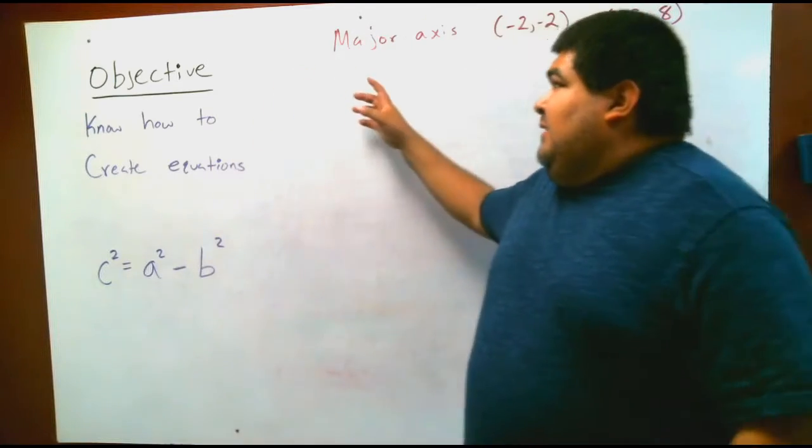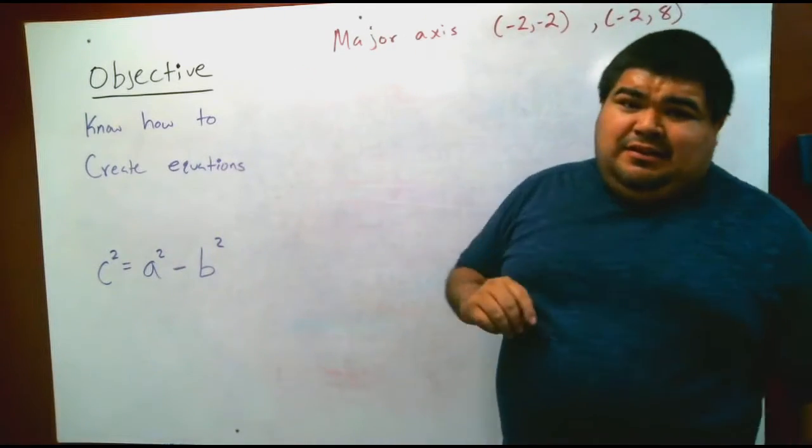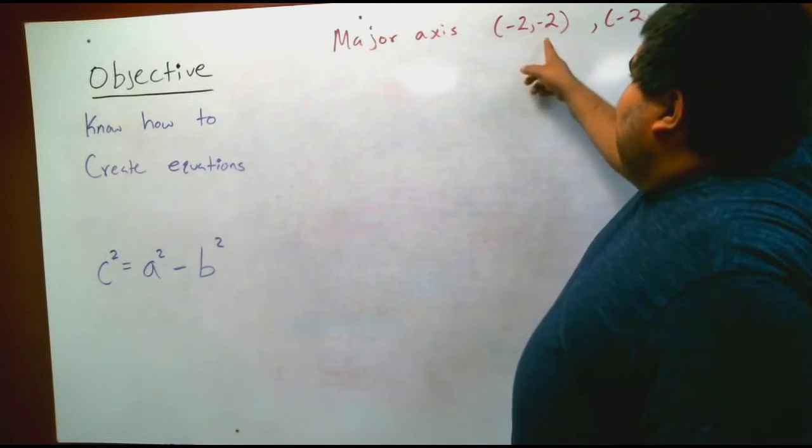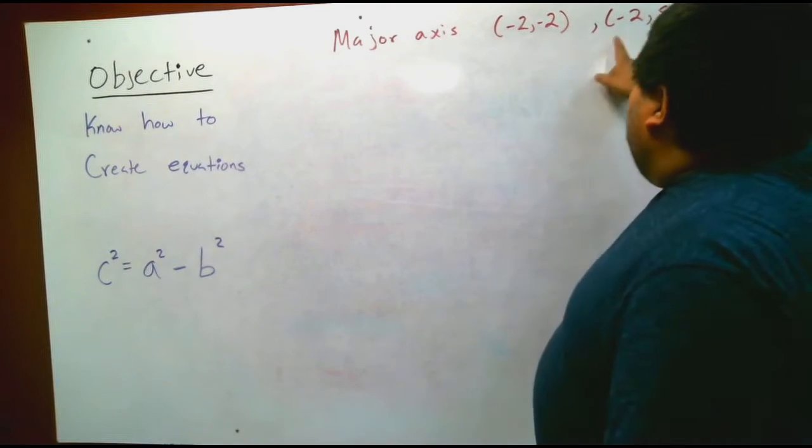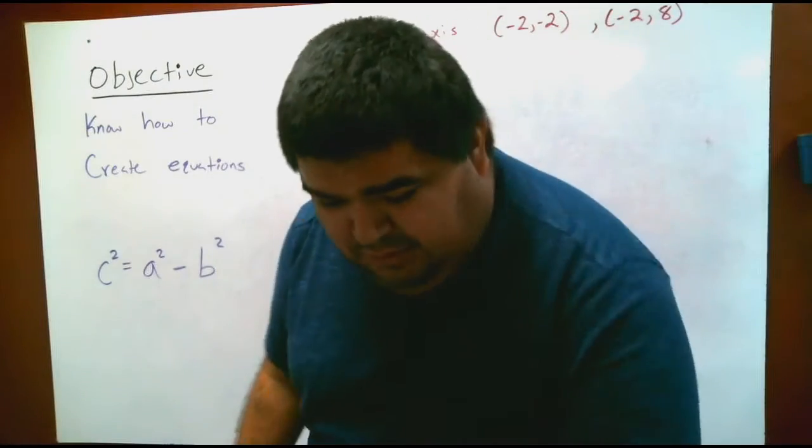Our problem says we have a major axis at (-2, -2) and (-2, 8). So let's graph those points.